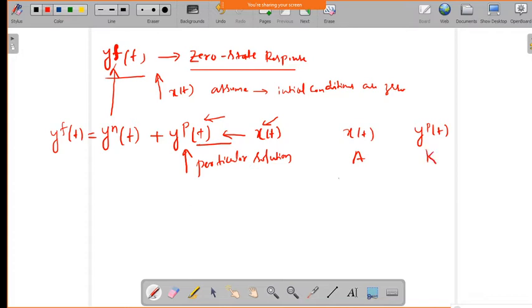Now if you take A into e power minus a t, that is an exponential signal, we can assume the particular solution as k into e power minus a t, which is in the same form.